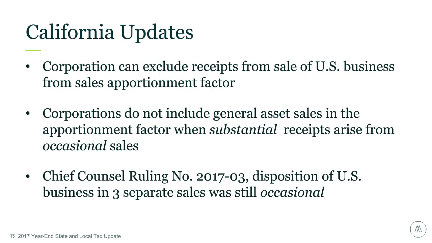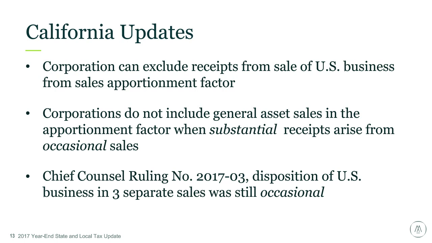Another ruling that came down in California in 2017 was a Chief Counsel ruling, again 2017-03. And this one involves a rule in California that we call the substantial and occasional sale rule. The site, for those of you that like tax sites, is California Regulation 25137 C1A.